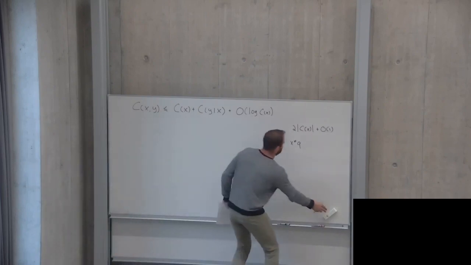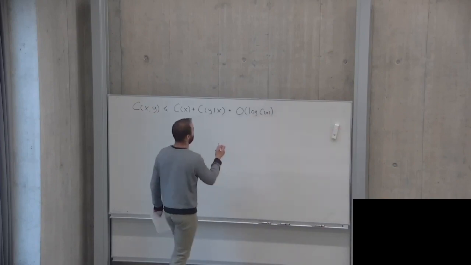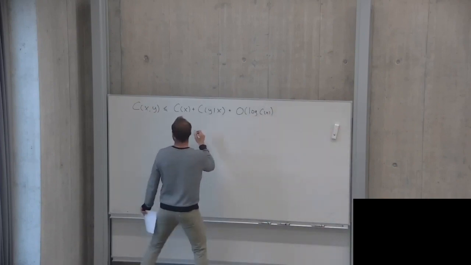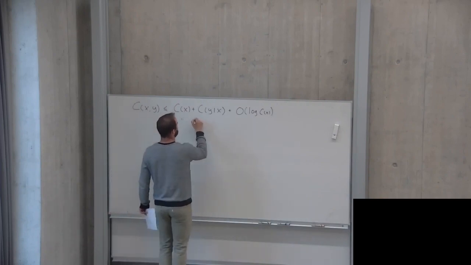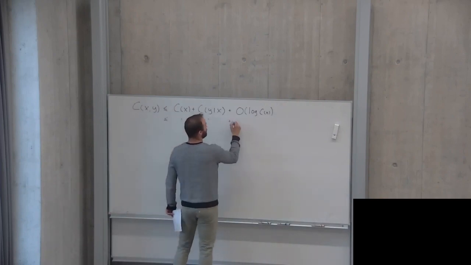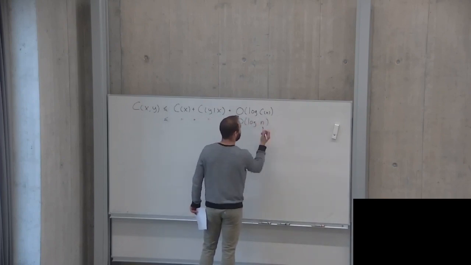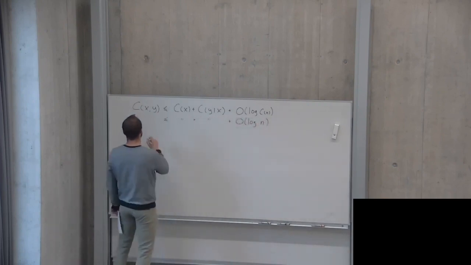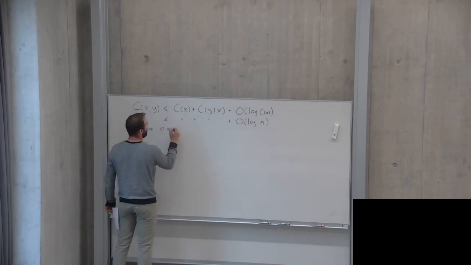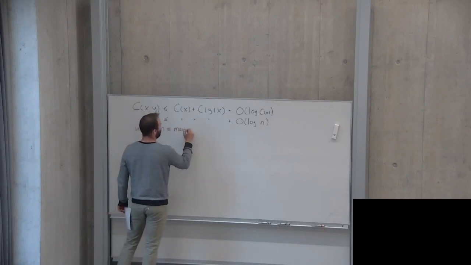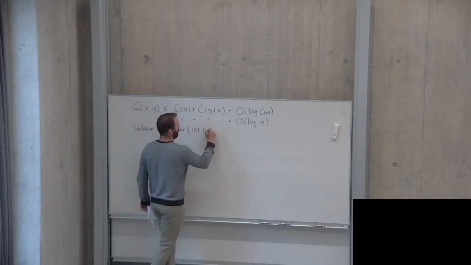So all that to say that I could have proved this claim instead of the one that I wrote down. But instead, it's smaller or equal, so this doesn't change, but I had plus O of log n. I involved the parameter n, where n was defined as the max between the length of x and the length of y.